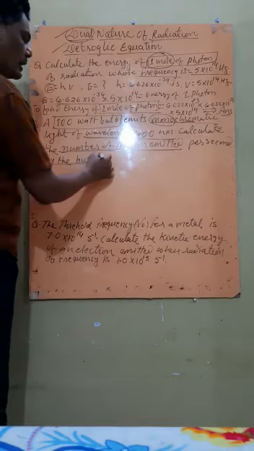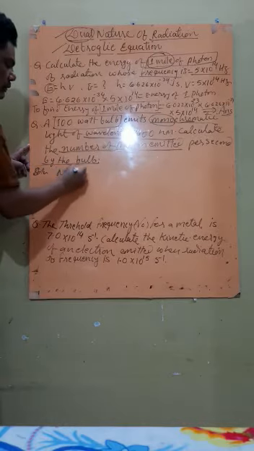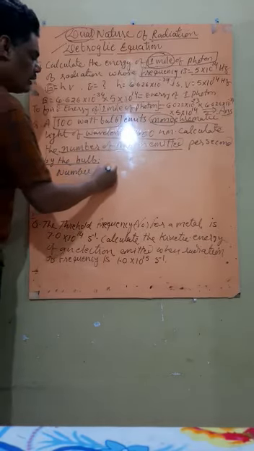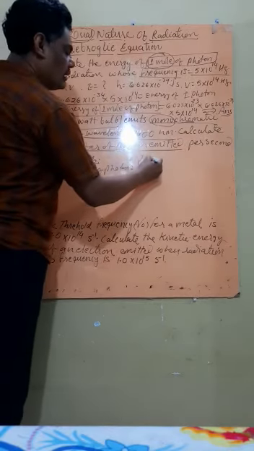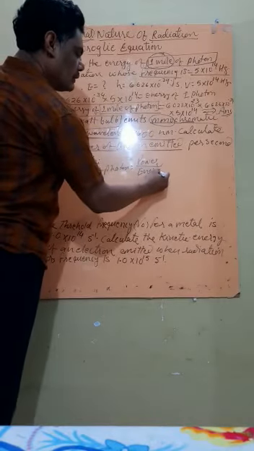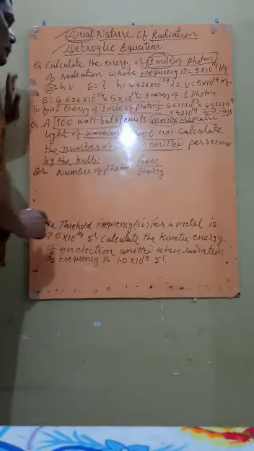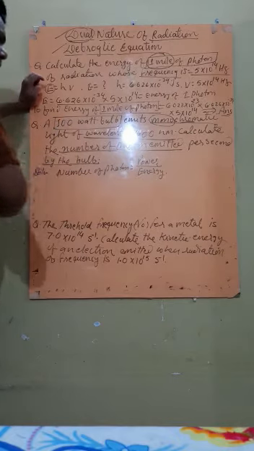So student, we have the formula. Solution: number of photons is equal to power upon energy. So here we first have to find the power. How to find the power? The power is given, a 100-watt bulb.